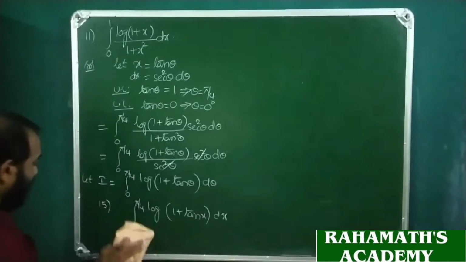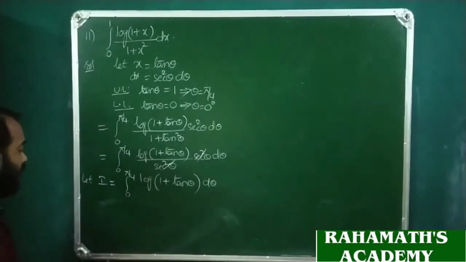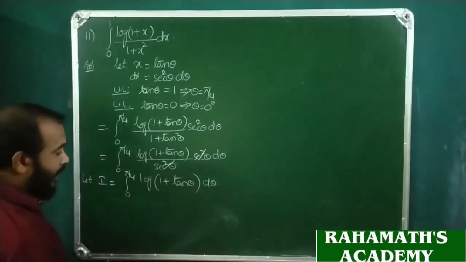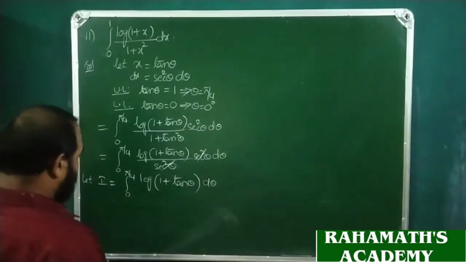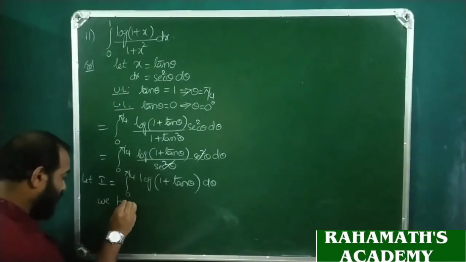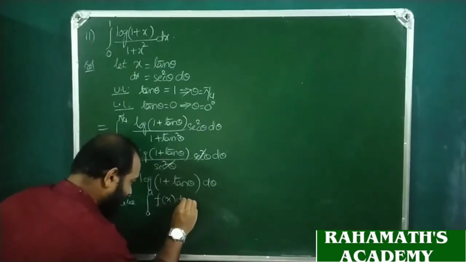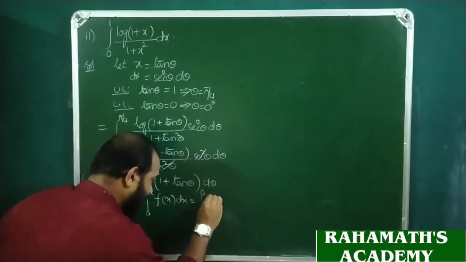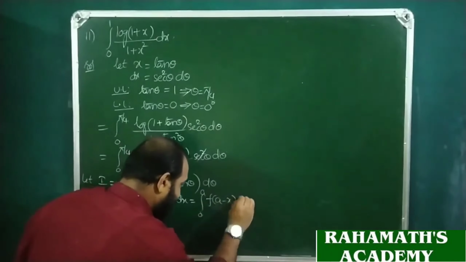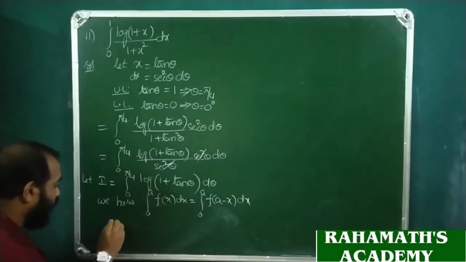So now let us consider this integral 0 to pi by 4. What is our favorite property? We have integral 0 to a of f(x) dx equals integral 0 to a of f(a minus x) dx.